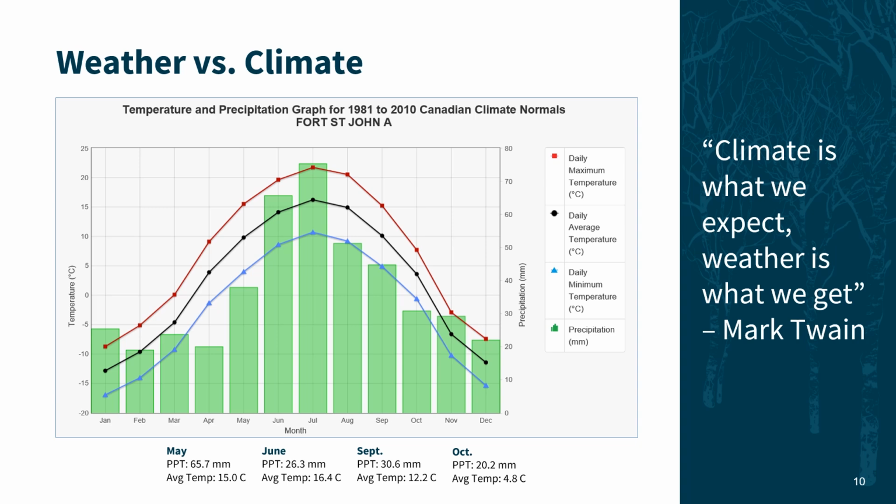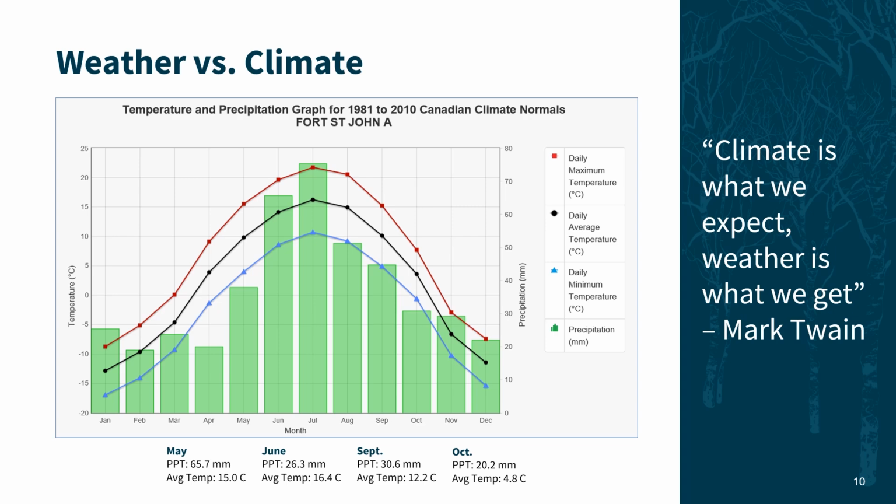We also can look at daily average temperature for the same month, which is approximately 10 degrees Celsius in Fort St. John for those monthly averages, whereas in 2023 we had 15 degrees Celsius, so towards that top end of the daily maximum temperature. And this really shows the variability that weather can present when looking from long-term climatic conditions.